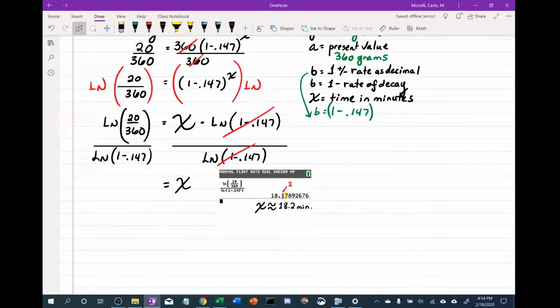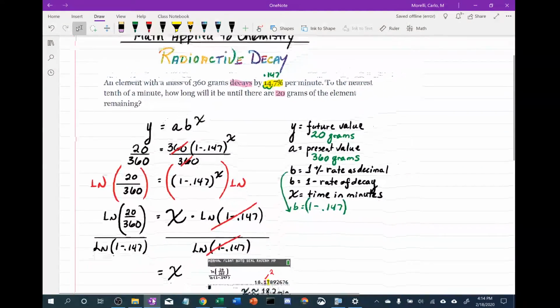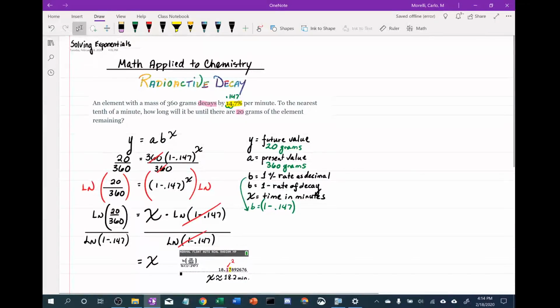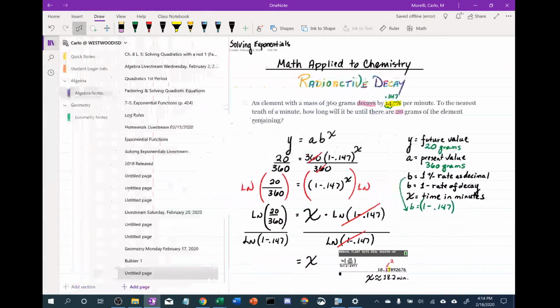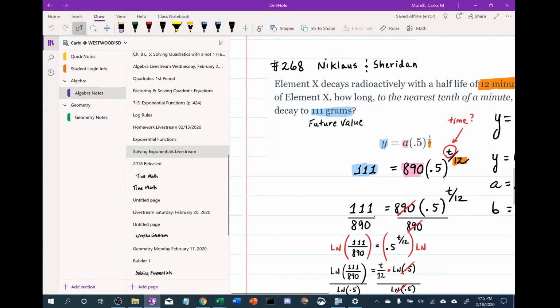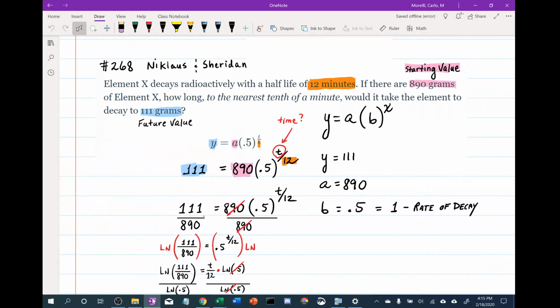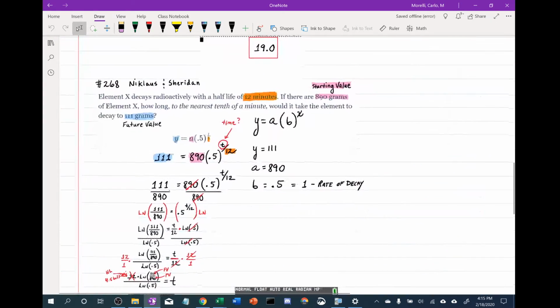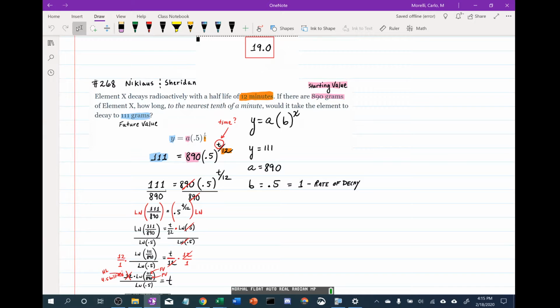Anyway, this is how we teach the kids to do it, and we'll leave it there. Actually, I really do want to find the one with the half-life. Let's see, where did I put that one? Solving Exponentials live stream. I bet that's in here. It is. Here's the problem. I don't know why it was so hard to find this.